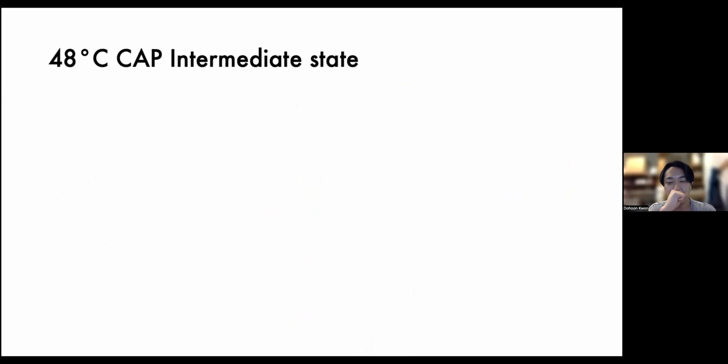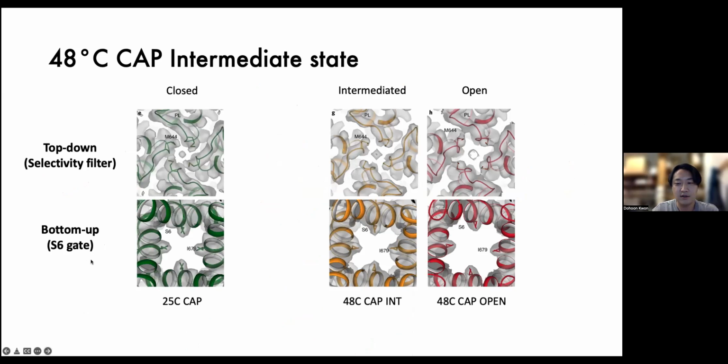So to prove this, we solved another structure with a different heat treatment protocol at 48 degrees. These are the models, and the gray one is the cryo-EM density of each condition. You can see here the pore size, both the selectivity filter and S6 gate. It's a clear difference, right? I mentioned earlier, our heat treatment protocol is 48 degrees with a 30-second incubation.